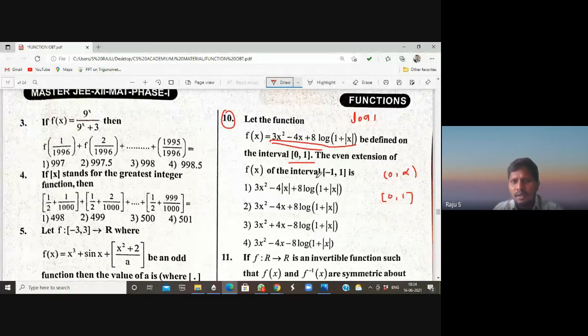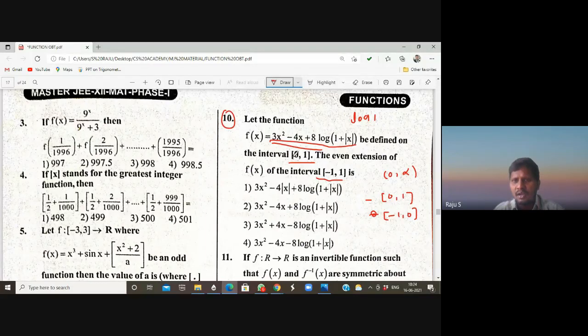But for the even extension, in which interval? Minus 1. So when I multiply with minus here we are going to get minus 1 comma 0. When I multiply to this 0 to 1, minus you can multiply. So minus 1 comma 0 we are going to get.